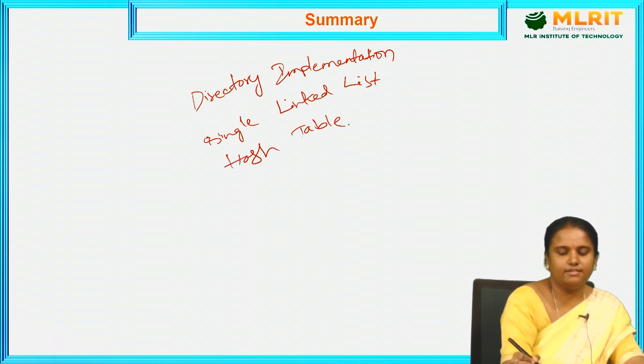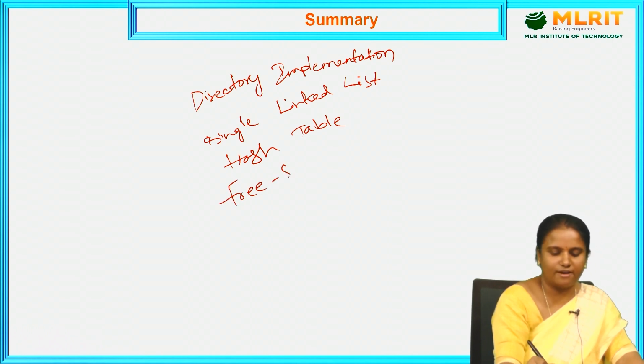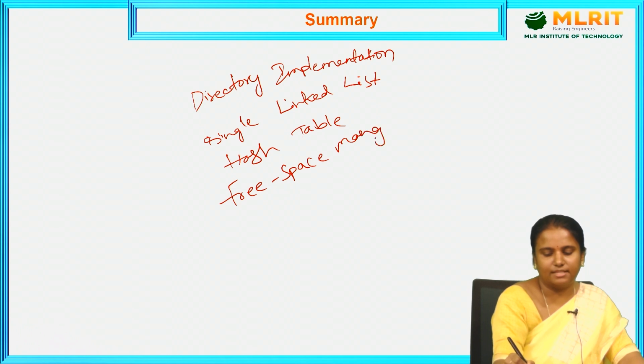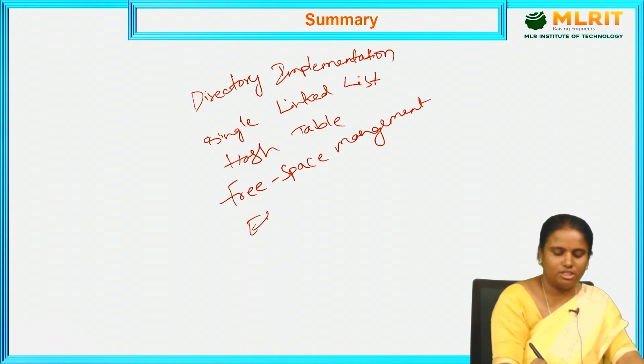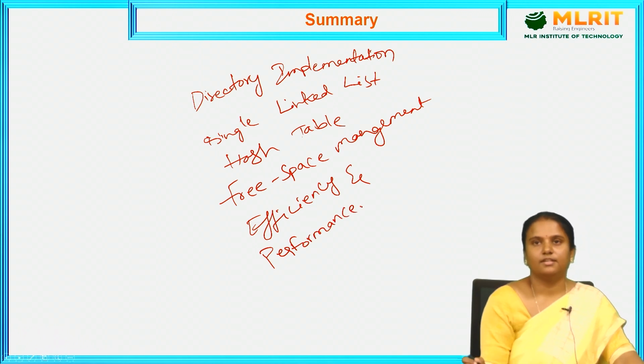Next we discussed free space management in the file system, how we free space in the file system. And next we have seen the efficiency and performance of a file system. So thank you.